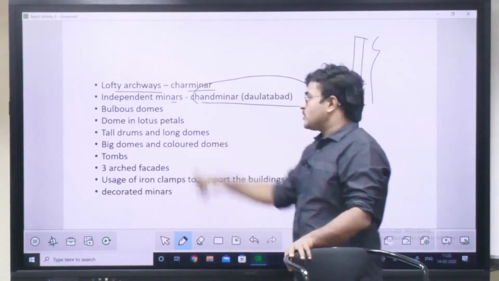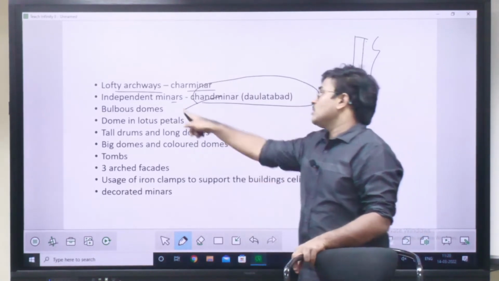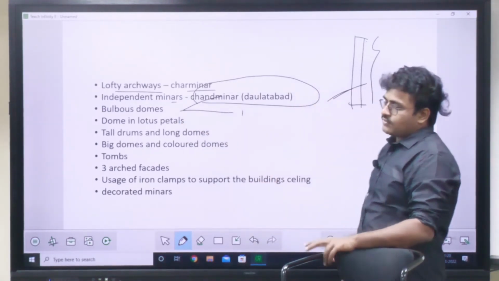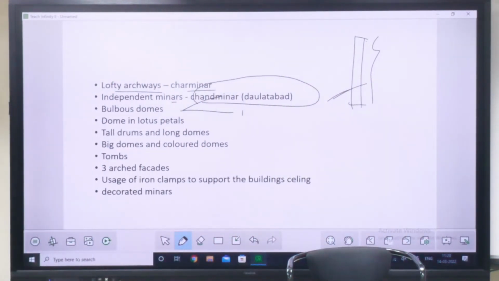Along with that, bulbous domes. You write it down here: bulbous domes are a Persian influence.